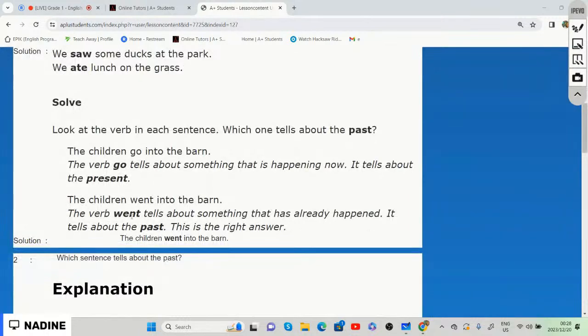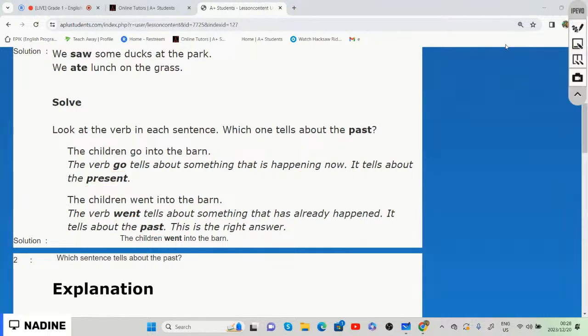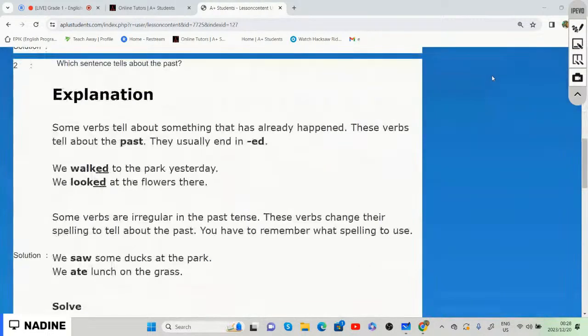Go tells about what's happening now, it's about the present, and went tells about something that already happened in the past. So the children went to the shop.